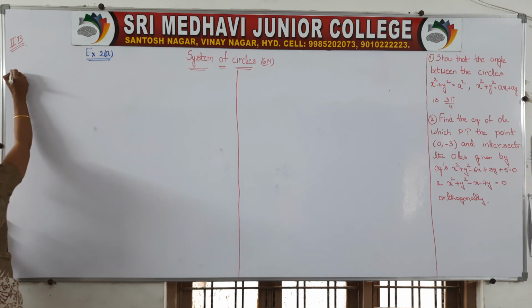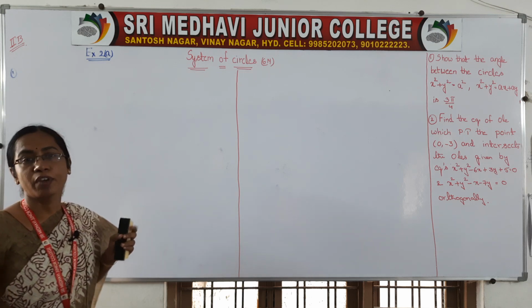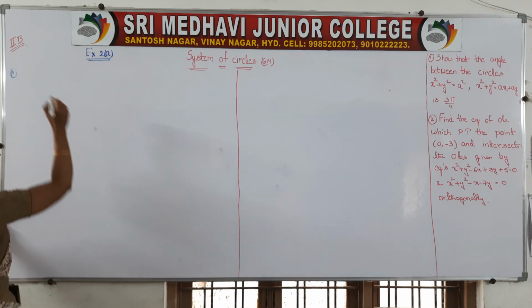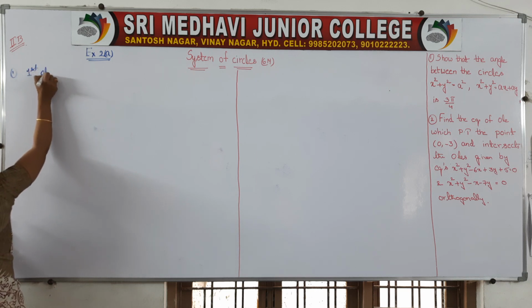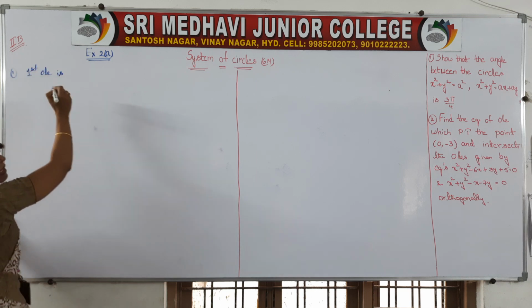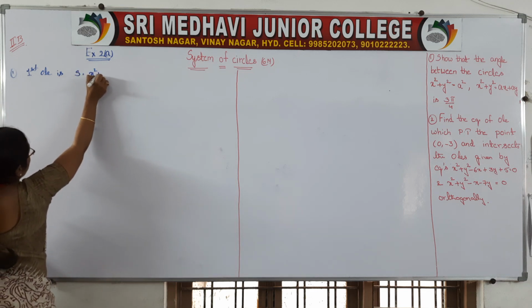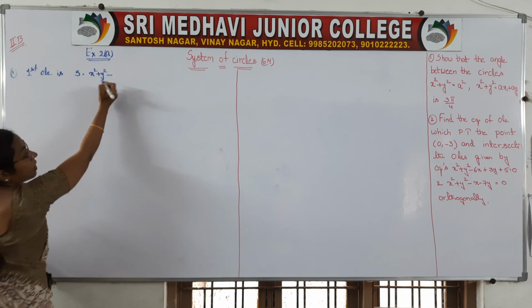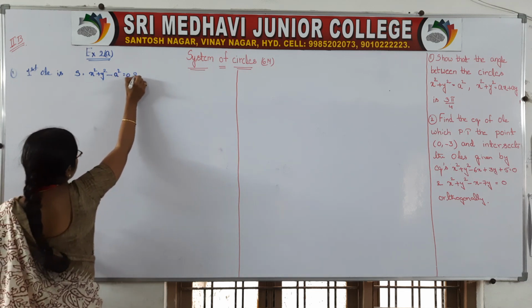Coming to the first question, we have to prove that the angle between the two circles is 3 pi by 4. Take the first circle. Generally we denote it with S equals x square plus y square, bring the a square to this side, minus a square is equal to 0.